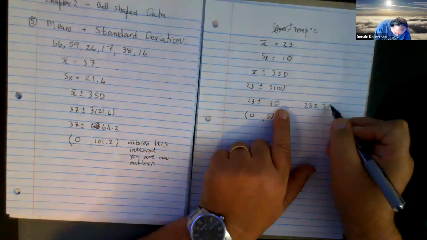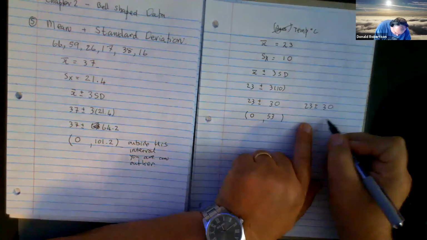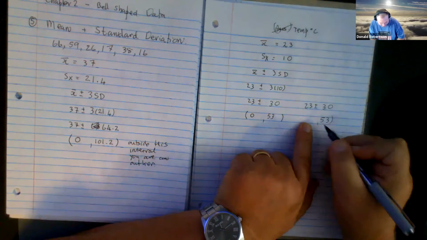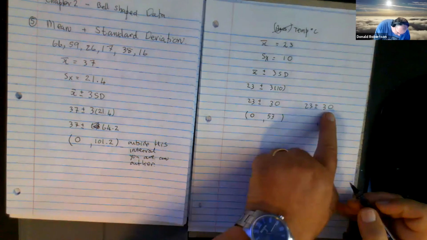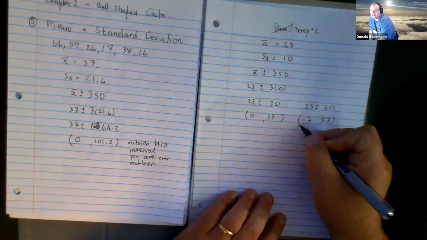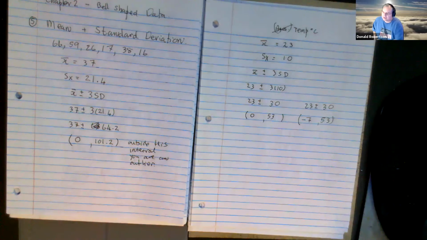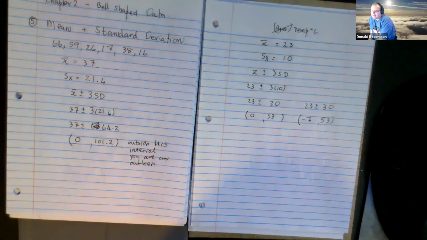But now context kicks in. If you take 23 and subtract it, doesn't -7 now make sense in the context of temperatures? Couldn't you get -7 Fahrenheit or -7 centigrade, whatever was the measurements?